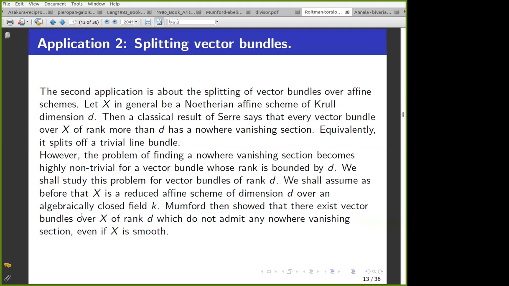So we shall assume, as before, that X is a reduced affine scheme of dimension D over an algebraically closed field. Mumford then showed that there exist vector bundles over X of rank D which do not admit any nowhere vanishing section, even if X is smooth. So the Serre theorem does not hold in dimension D. That's what Mumford proved.